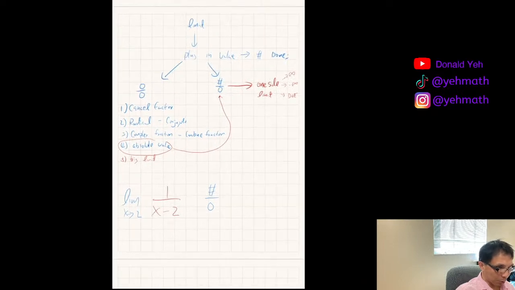That automatically has nothing to do with cancel factoring, radical, complex fraction, or conjugate. But sometimes you can get a 0 over 0 that becomes number over 0 after you cancel factor. You plug in, you got number over 0, and you have to do a one-sided limit. That can happen.